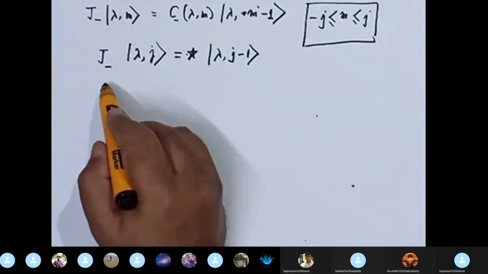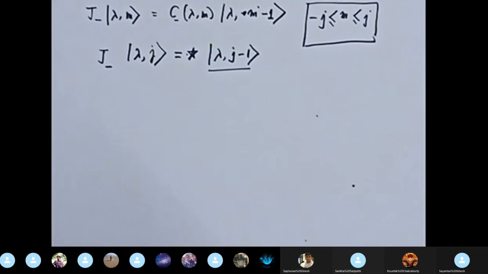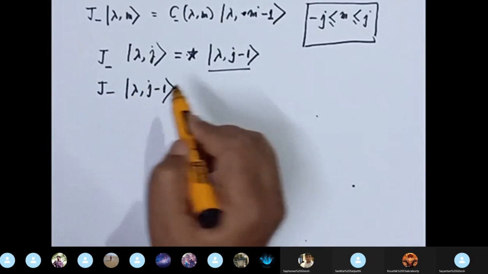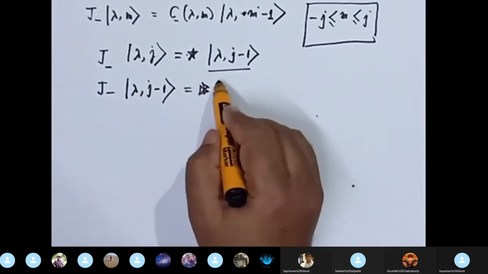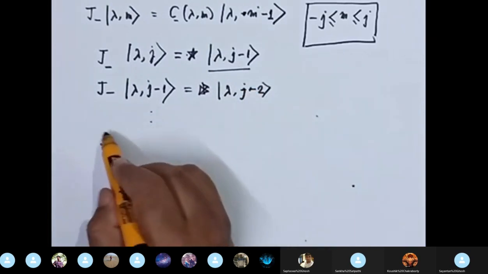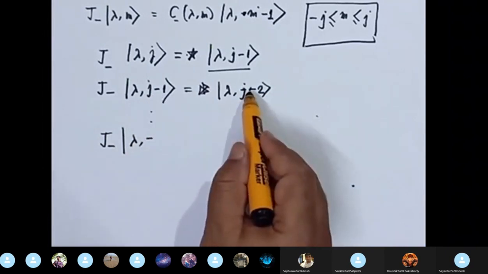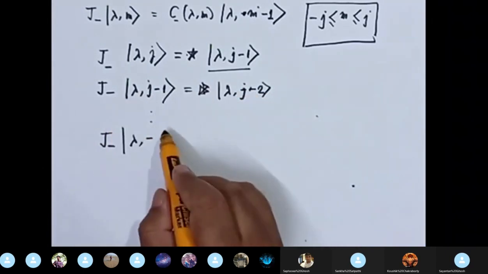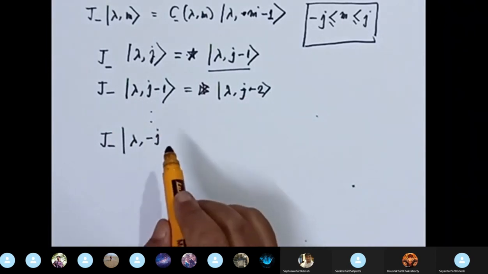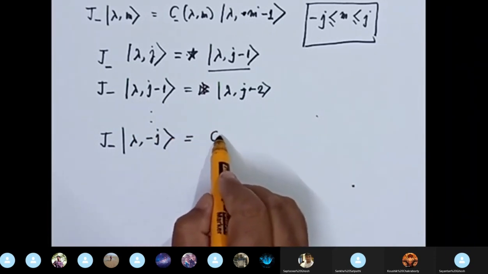Clear? Now this is a state. Now if you operate J minus again, it will be another constant into lambda J minus 2. In this way, where will you end? J is decreasing upon each operation of J minus. So when you reach J of minus J, the result will be 0 because there is nothing below.